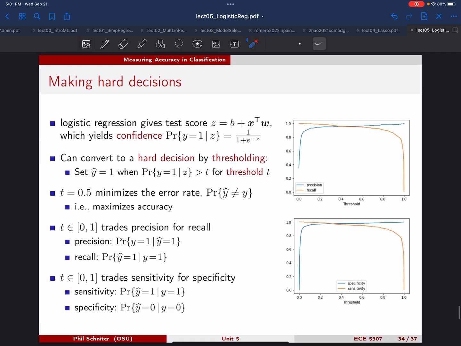All right, so there's another kind of freedom we have that we haven't really talked about yet, which is how we do our quantization or our thresholding. So remember that when we do our linear classifier, we have two steps. The first step computes a score, and then based on our model, let's say this is our logistic model, we can convert that score, which is a real number, into a probability, something between 0 and 1, which we can think of as a confidence.